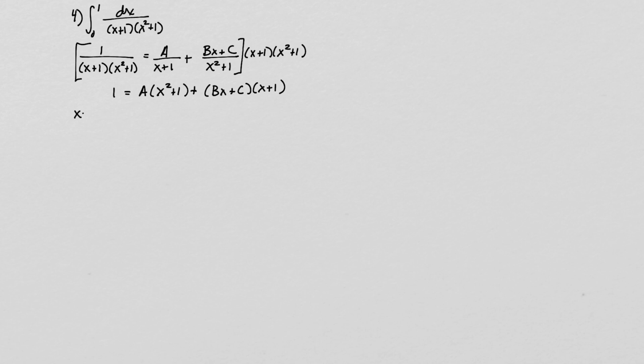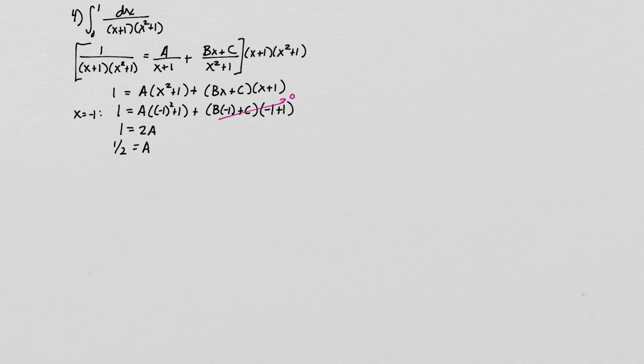If you plug in x equals -1, that would get us one of the values. So 1 would be equal to A times ((-1) squared plus 1) plus (B times -1 plus C) times (-1 plus 1). So this whole term is going to go to 0. So we have 1 is equal to 2A, so A is going to be equal to 1/2.